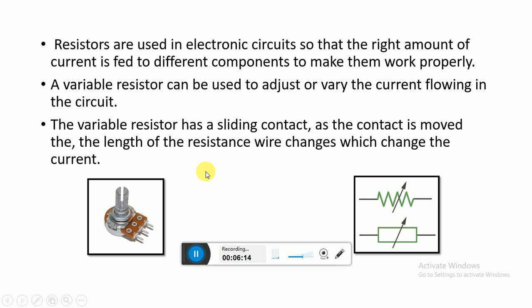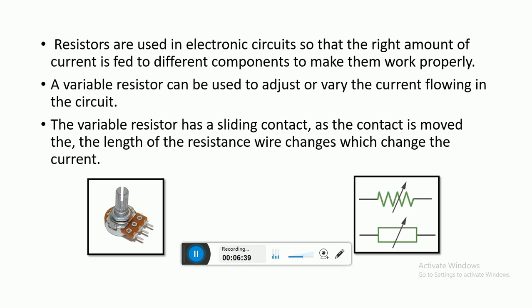The question is: how does the resistance vary in a variable resistor, like the regulator of a fan? If you remember the previous video, we discussed that resistance is directly proportional to the length of the conductor.